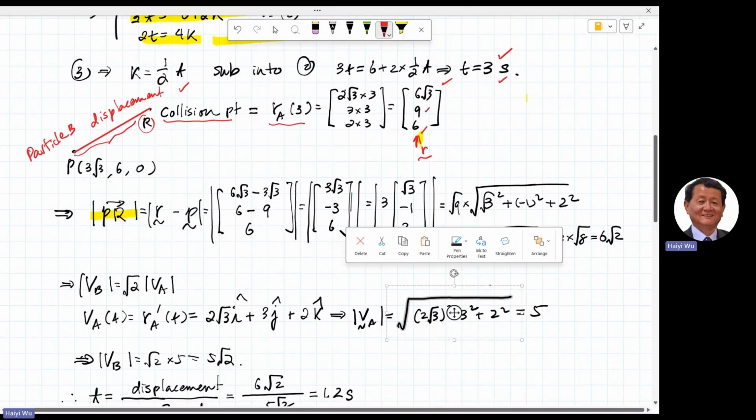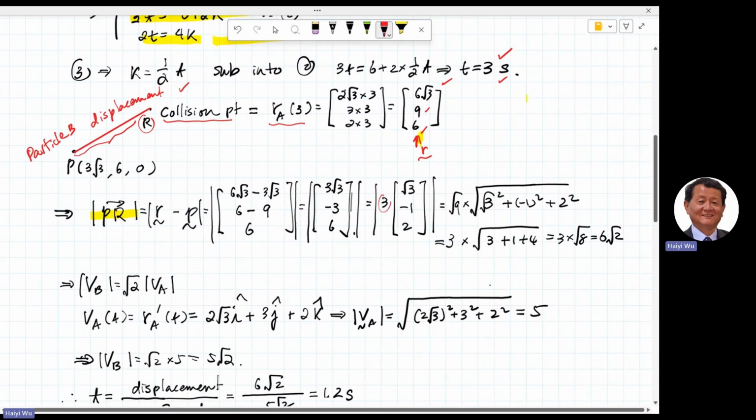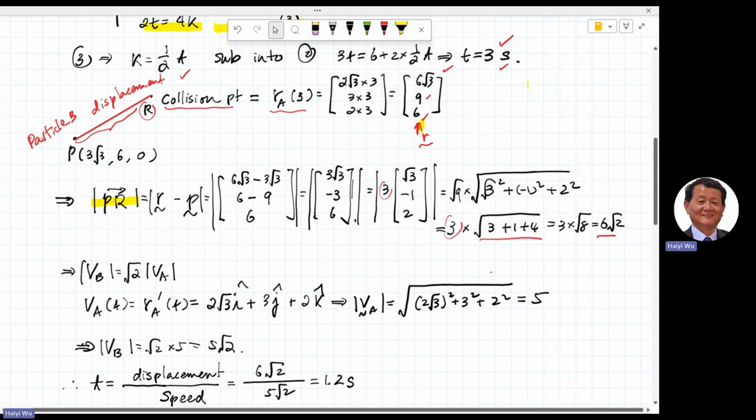So we subtract, take a 3 out, and take the square root because of the magnitude. Square root of that is equal to 6 square root 2. That's the displacement of particle B from release point to the collision point, how far it travels.